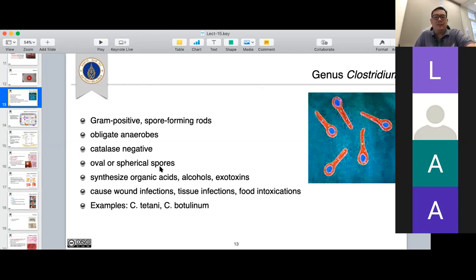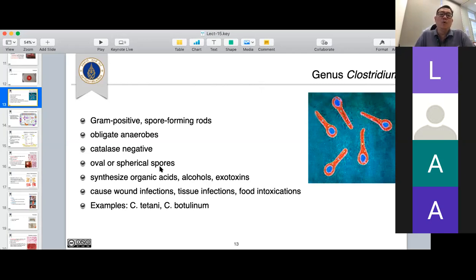Spore of Clostridium is mostly oval shape, not a circular shape. Oval shape mostly. They can synthesize so many organic acids, alcohols, or exotoxins.